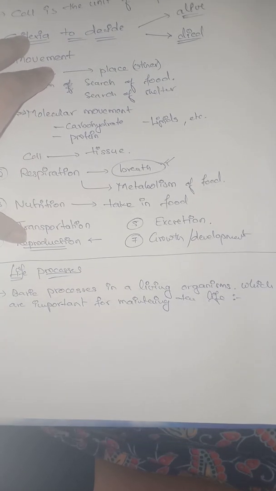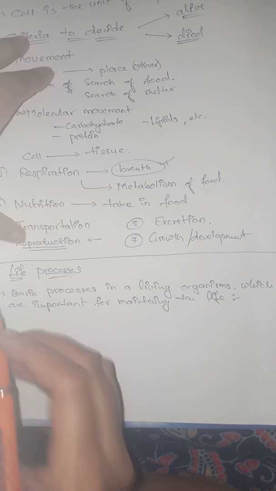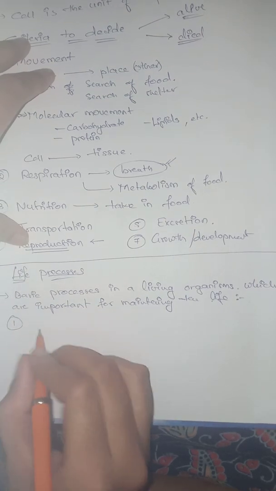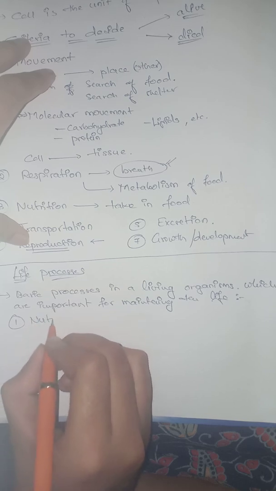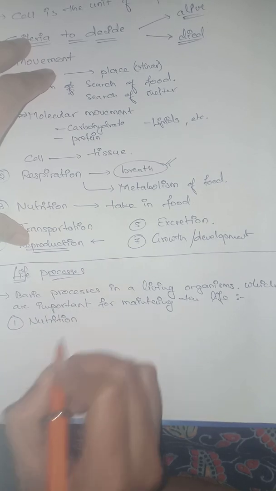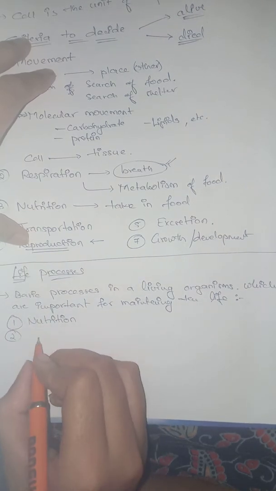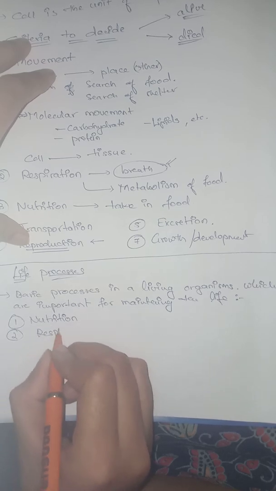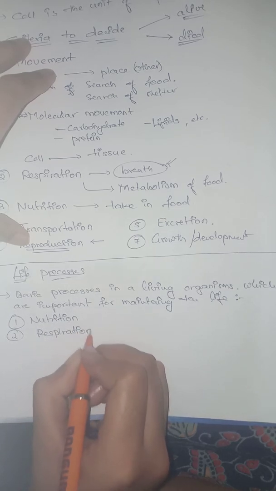And so we have so many of these processes. The first and the foremost and the most important, that is the nutrition, that is the uptake of nutrition. Second, we will go for the respiration, or what we call as the metabolism, right?